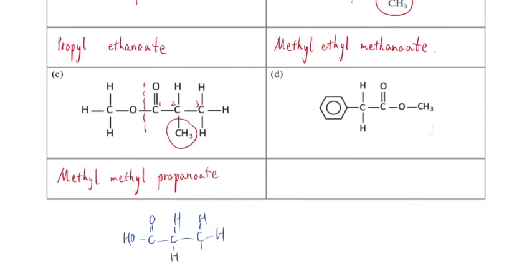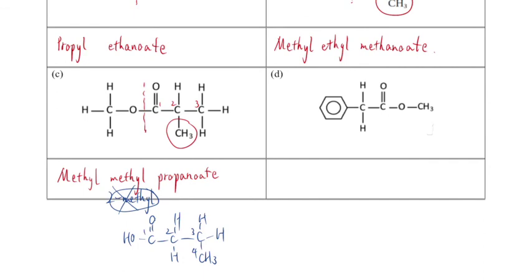If we move this methyl group to the position number 3, so it will be 1, 2, 3, and then the longest carbon chain will become 4 carbons, not 3 anymore. So again here, there is only one way of putting the methyl group, so there's no need to name it as 2-methylpropanoate. There's no need to mention the 2.